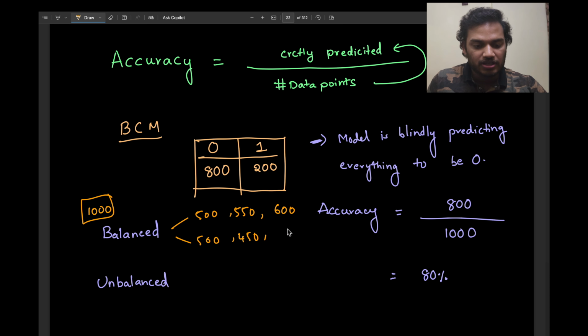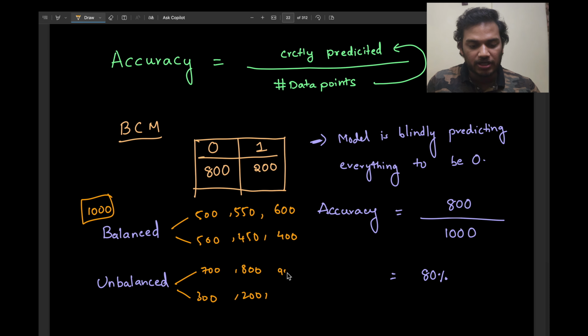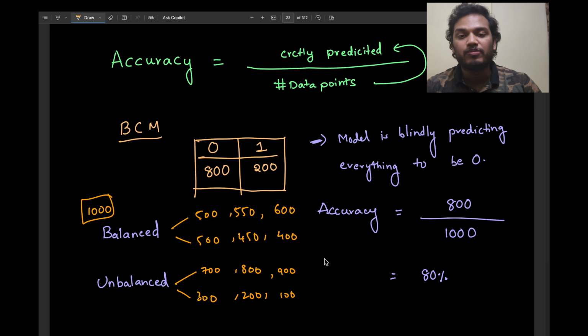But if it is very unequal, like 700 and 300, or 800 and 200, or 900 and 100, in such cases we say that our data set is unbalanced. Whenever we are dealing with such unbalanced data sets, accuracy is not a good metric.